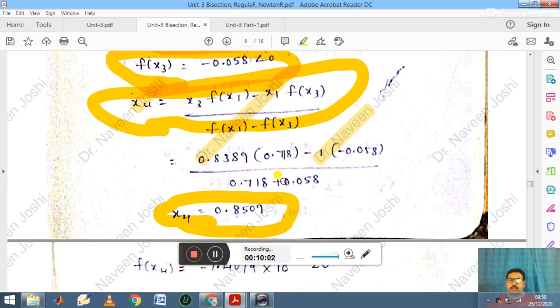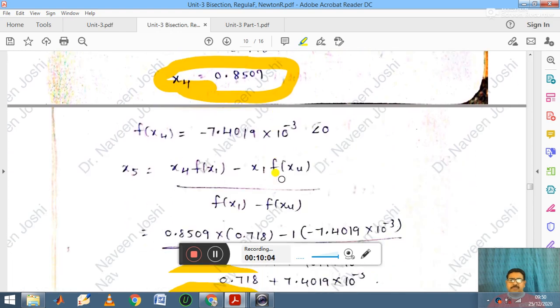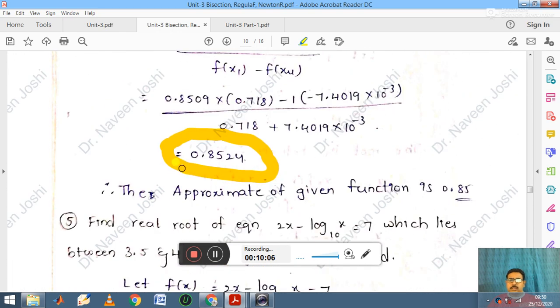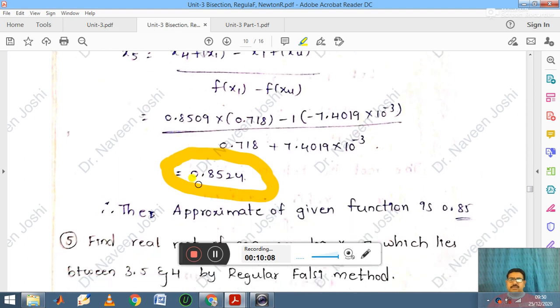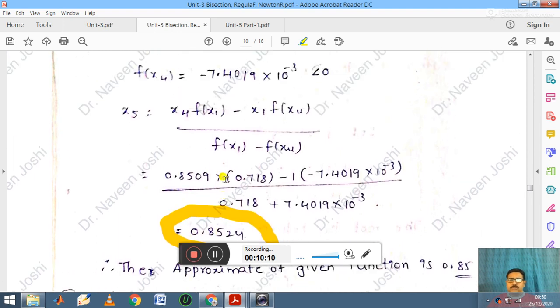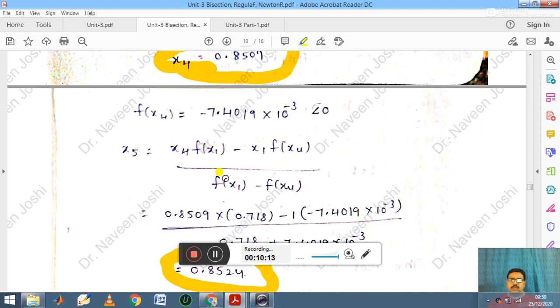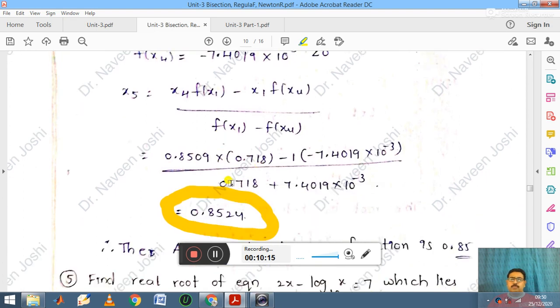So your x4 value is 0.850 and the x5 value is 0.852. If you compare the fourth and fifth iterations, two digits are matching after the decimal point, that is 85. Then you can stop your iteration.